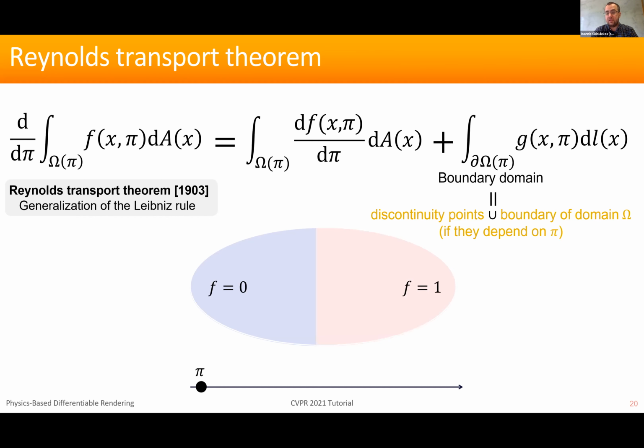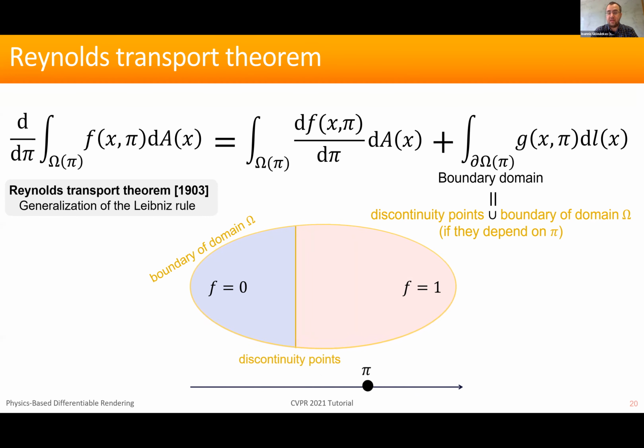For example, if we're differentiating a simple function over an ellipsoidal domain, where we split into two halves, f equals 0, f equals 1, with a boundary that is controlled with the parameter pi, then as we differentiate, we'll end up having to include into our boundary domain this discontinuity point that depends on pi, and if it also depends on pi, the boundary of the domain omega.